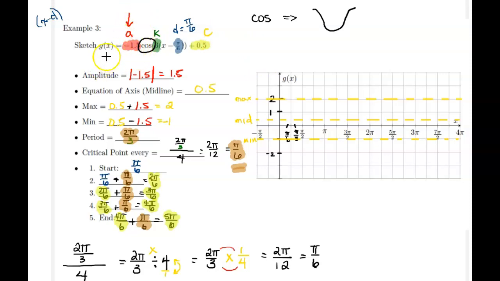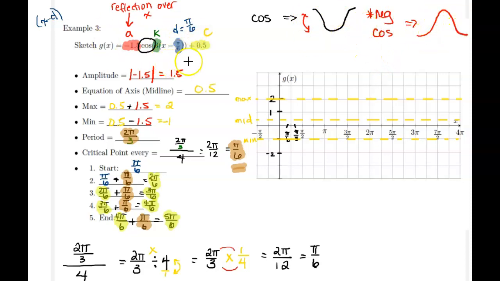And if you remember from our transformations of quadratics, the negative a value is a reflection over the x-axis. So because it is a negative cos, this is going to be flipped. So it's actually going to look like that.